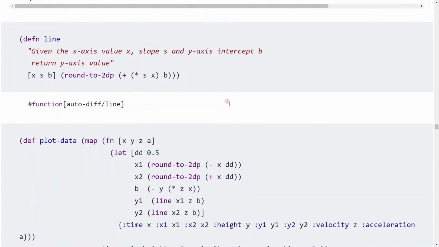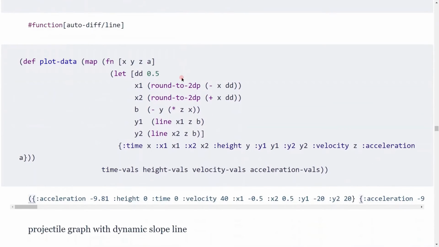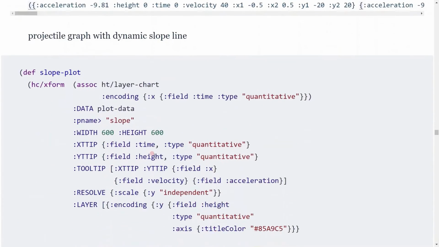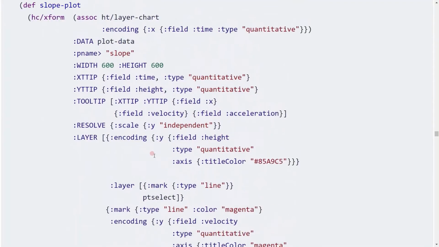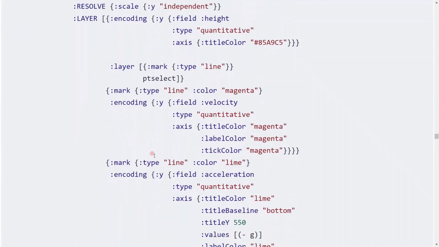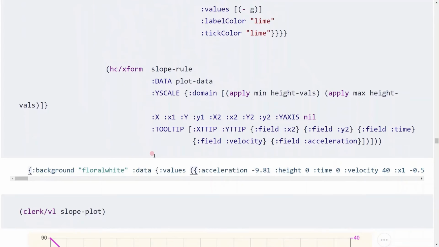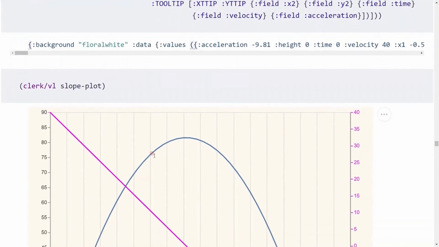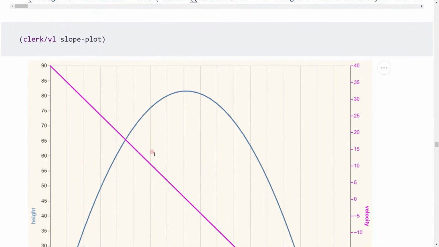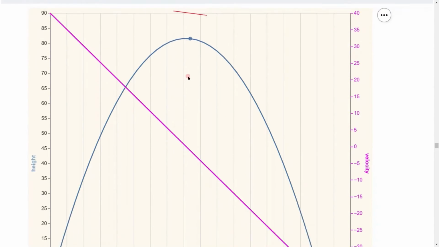And we will want to make our chart a bit fancy, so we'll do things like add a line function to draw tangents, and finally generate plot data, a series of maps with keys for acceleration, height, time, and velocity. This is the Hanami template for plotting the height plot data. And finally we call the Clerk Vega Lite renderer on our Vega Lite data, and this is what we get.